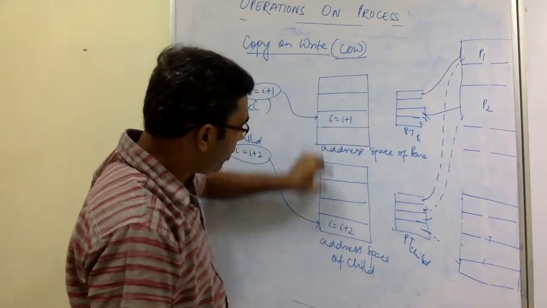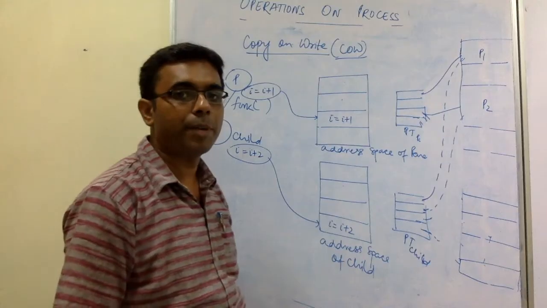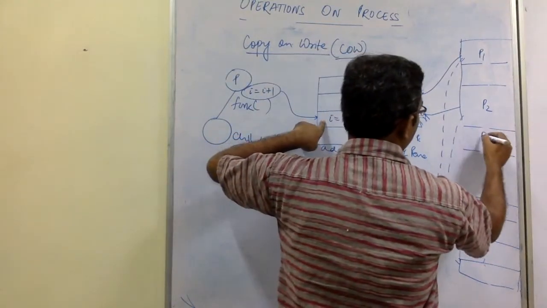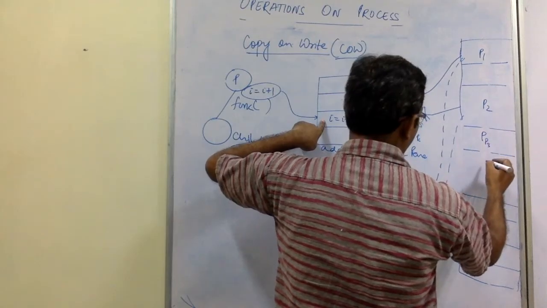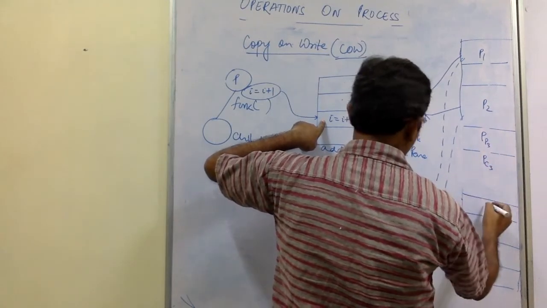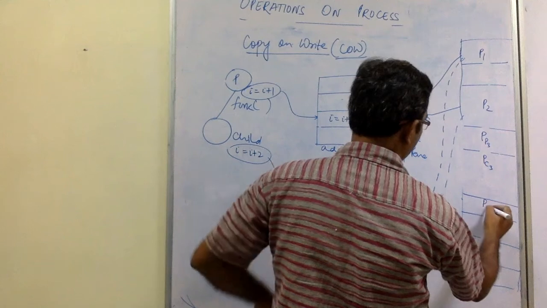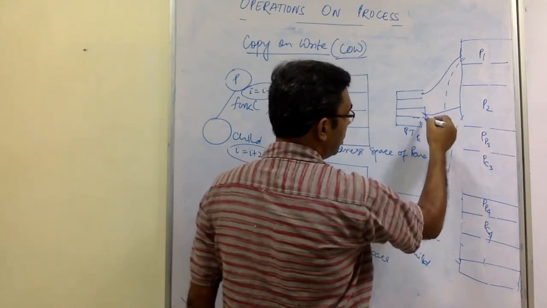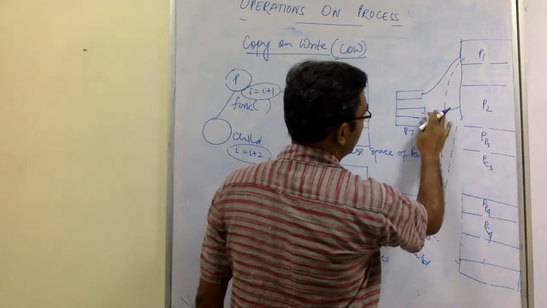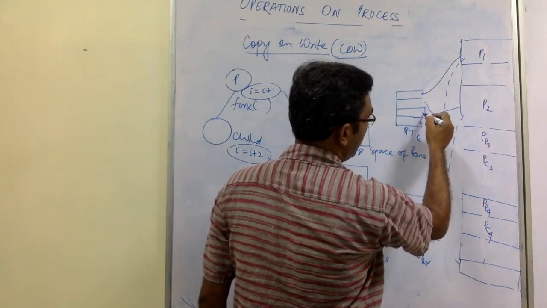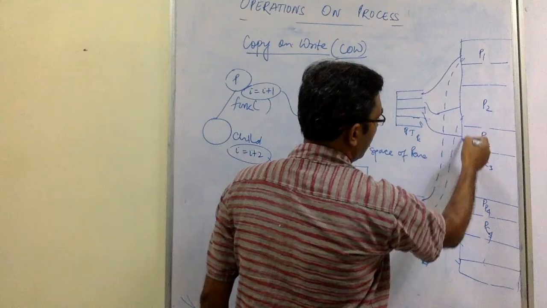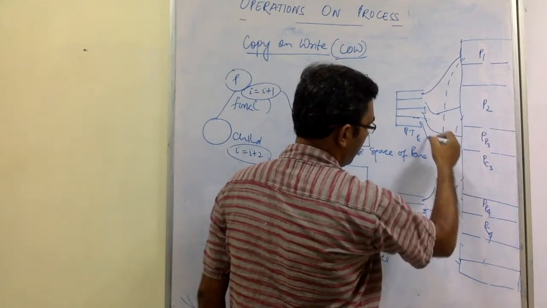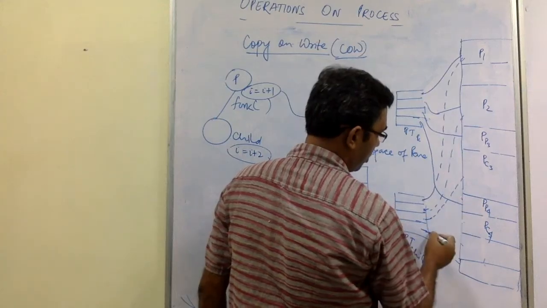Now for these 2 pages, you have to have a separate copy of them. So this third page will have a parent and a child copy, and this fourth page will have a parent and a child copy. So this will now be pointing to this, this will be pointing to this, this will be pointing to this.